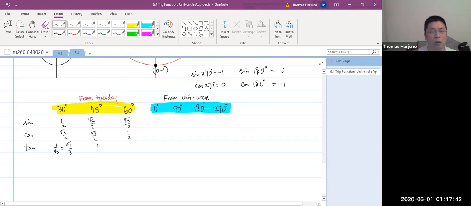This is 1, this is radical 3. This is 0, this is 1, this is 0, this is 1, 0. Undefined. This is 0, -1. So this is 0. And this is -1, 0. Undefined.